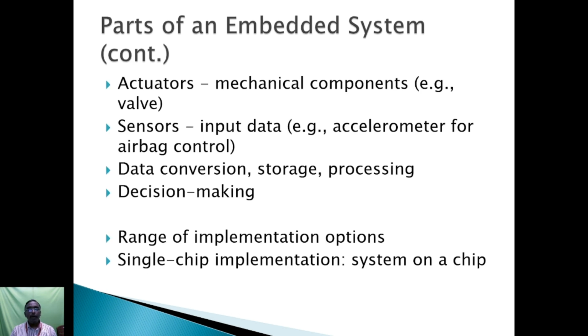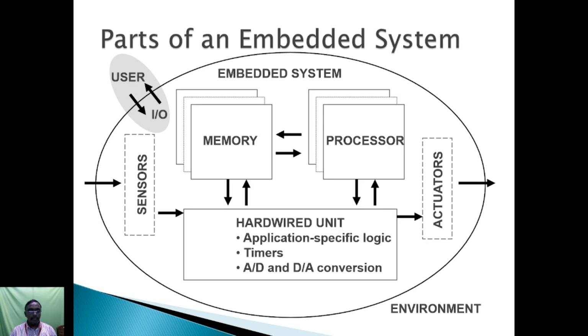Next is a part of an embedded system: the actuator. The actuator is a mechanical component. For example, when a flame sensor or a gas sensor is connected on the left-hand side, connected with the hardware, and the other one is the microcontroller, then when the gas is sensed, the actuator closes the valve of the gas.